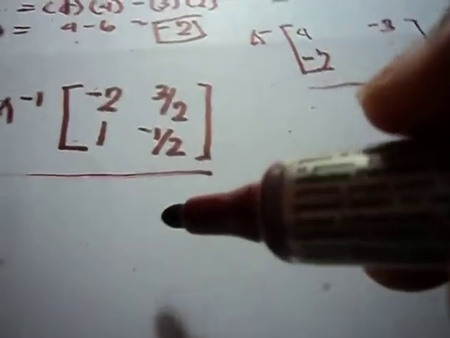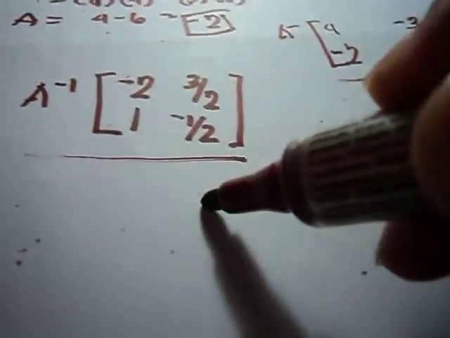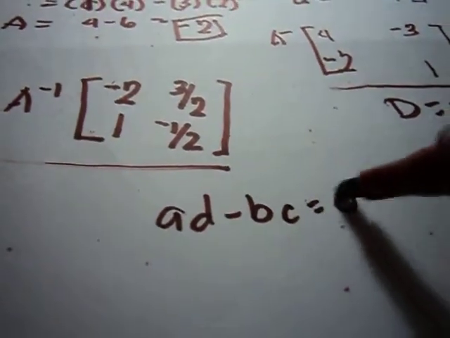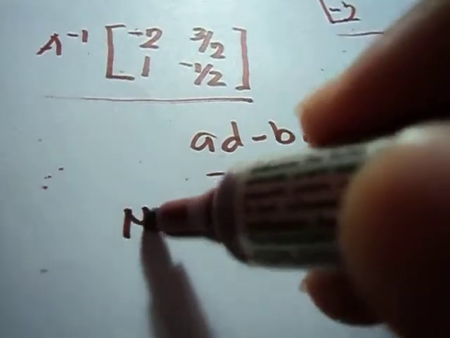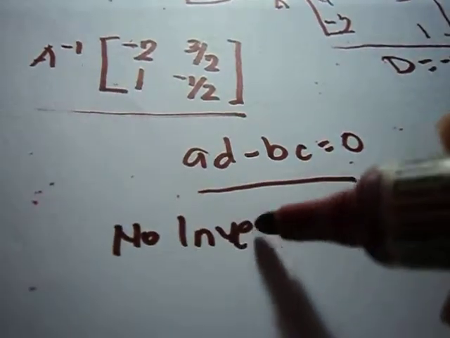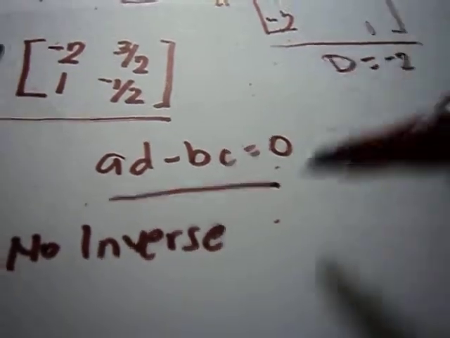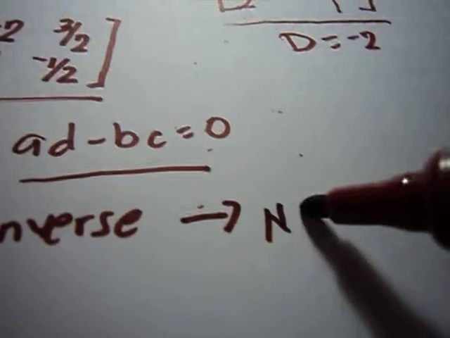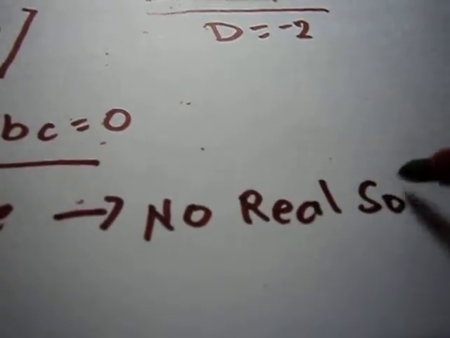So if you are wondering what if AD minus BC is equal to 0, then I would tell you that there is no inverse, meaning the 2 by 2 matrix has no inverse, or in systems of linear equations this probably means no real solutions.